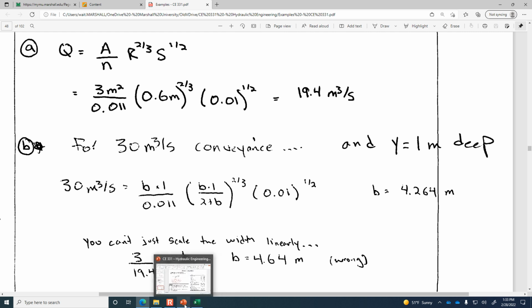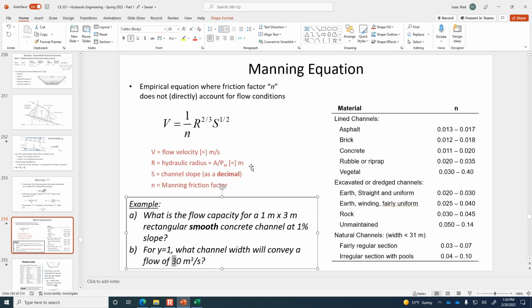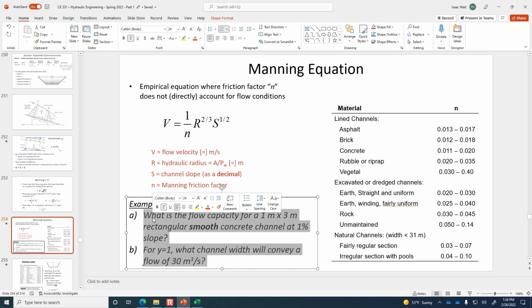Because what happens is that when we make it wider, the ratio of area to wetted perimeter changes. So Manning's equation has to keep separate both of those things, the area and the wetted perimeter. And that's why the hydraulic radius is in Manning's equation. Any questions before we move on from this illustration?